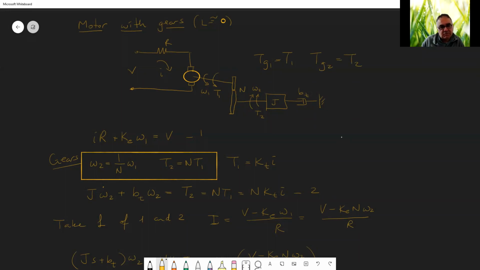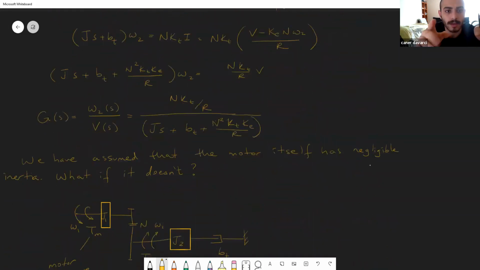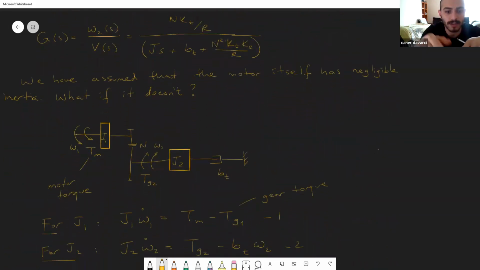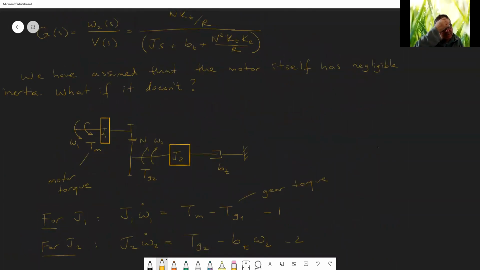Very simply. If there is any inertia in between in the first row, then it needs to be Tg1, right? Yes. Okay, thank you so much.